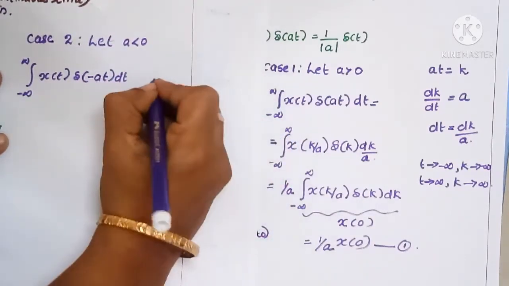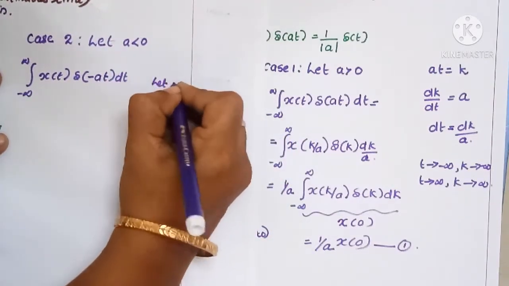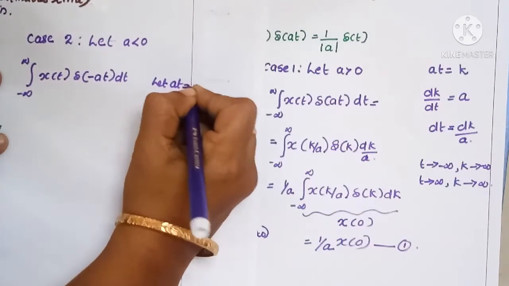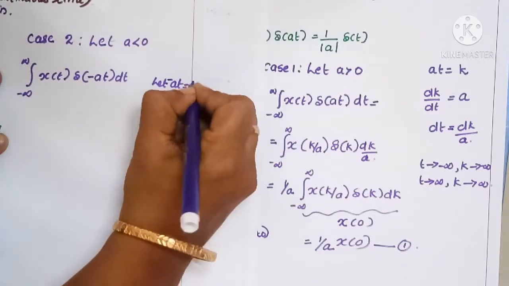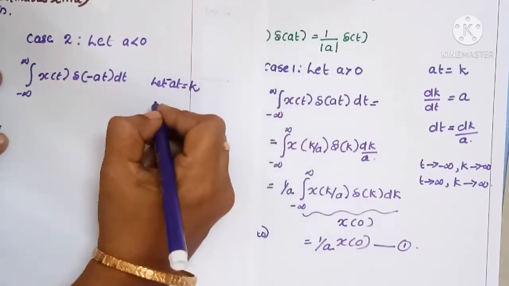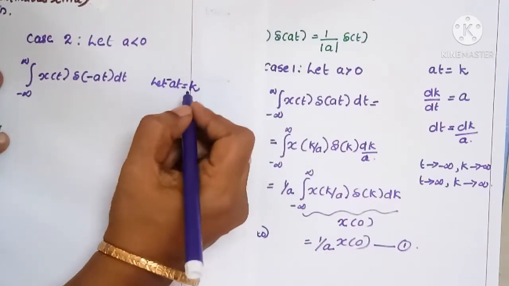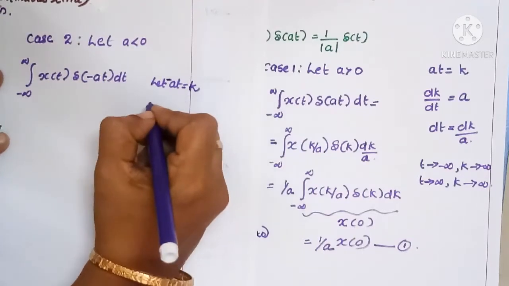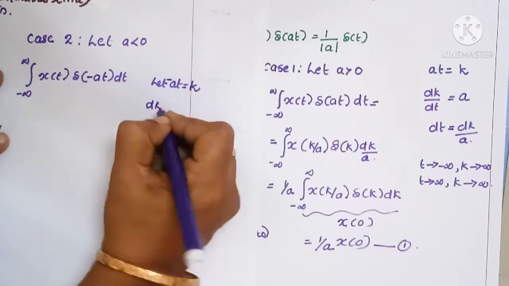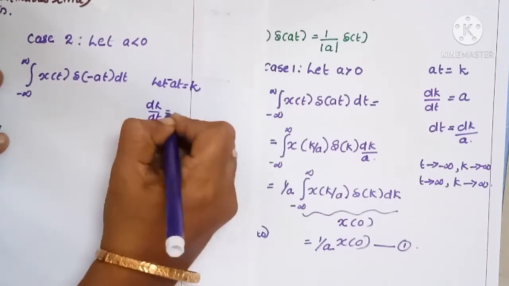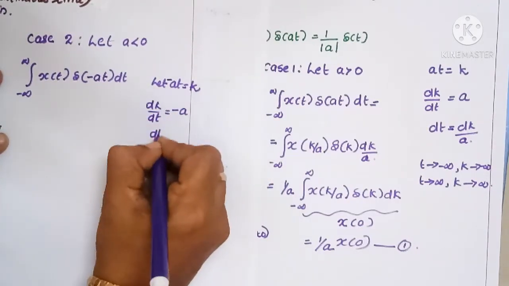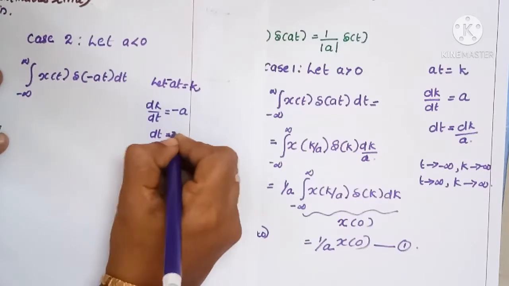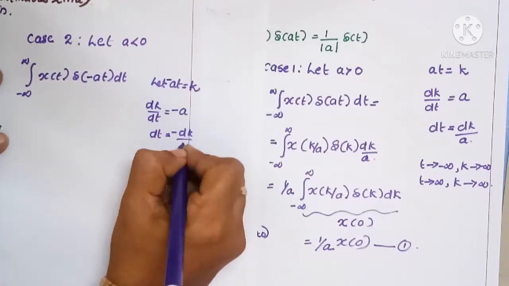Let minus at be equal to k. Then we differentiate k with respect to t, so dk by dt is equal to minus a. From this we can write dt is equal to minus dk by a.